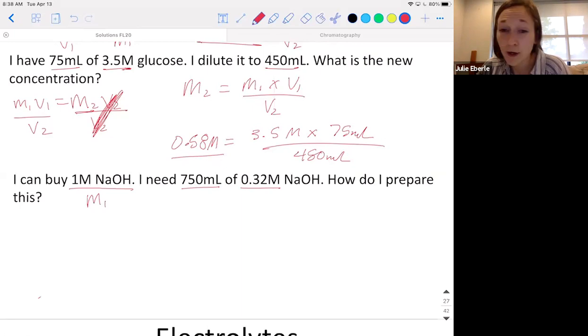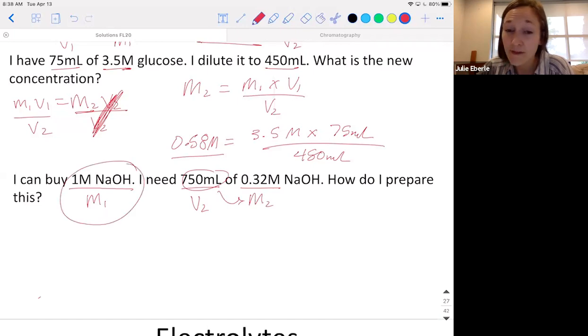What you need, the working concentration, is your new concentration, M2. That's the associated volume with M2, which makes this V2. So what we're looking for is how much of this concentrated NaOH we need to dilute to the 750 mL. So we're looking for V1.